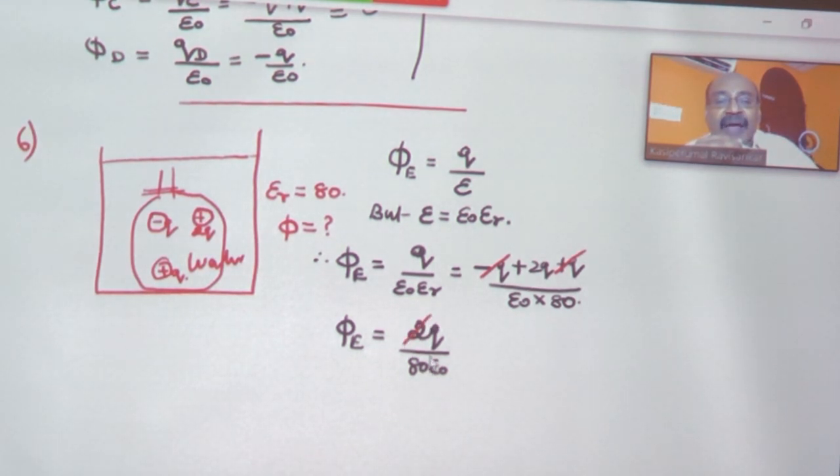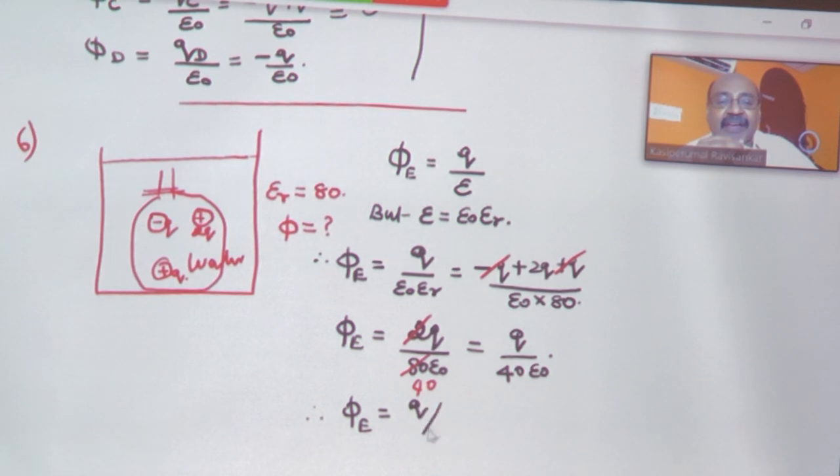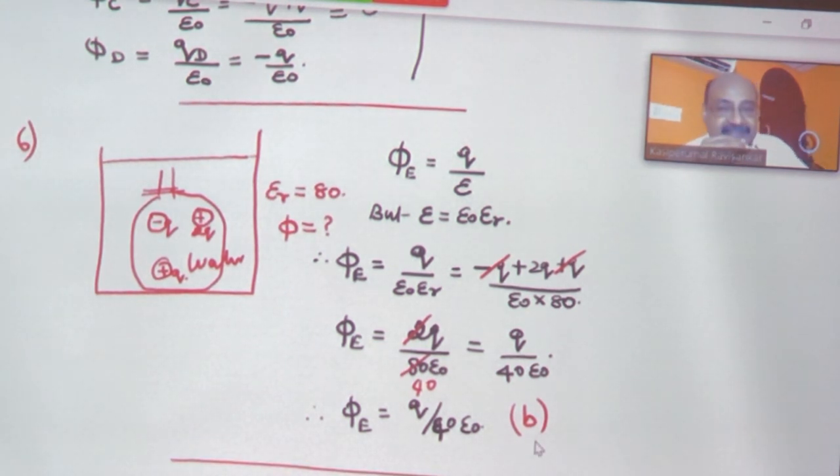This 2 and this 80 get cancelled, so you get 40, which is equal to Q divided by 40 epsilon. Therefore the electrical flux phi E is equal to Q divided by 40 epsilon. So which one is the answer now? Option B is the answer. Clear? Hope you have understood this.